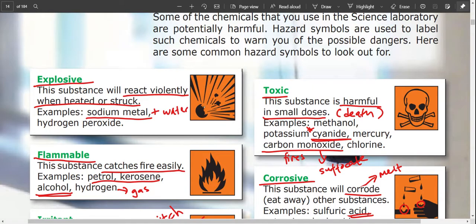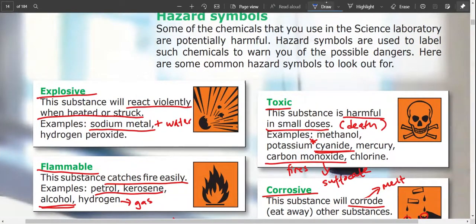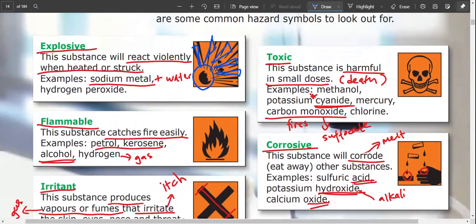You can see the symbol shows an explosion. Then the second one, flammable: any substance that catches fire easily, and the symbol is a fire. Examples are petrol, kerosene, alcohol.